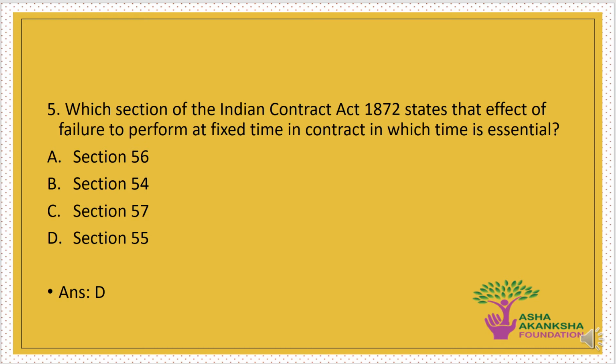The correct answer to this question is option D. That is, Section 55 of the Indian Contract Act states the effect of failure to perform at a fixed time in a contract in which time is essential.